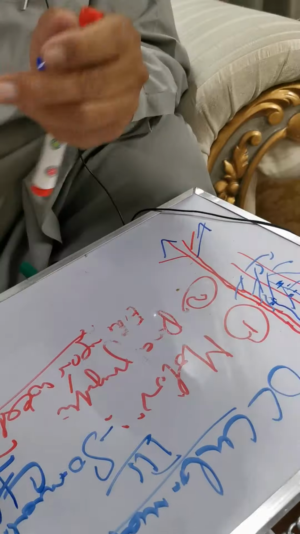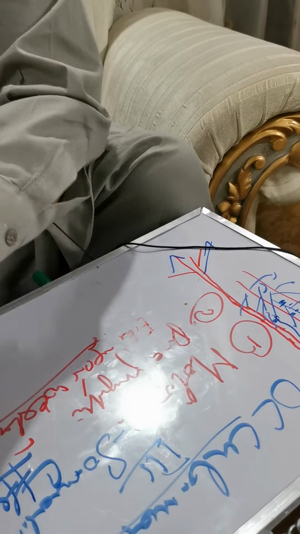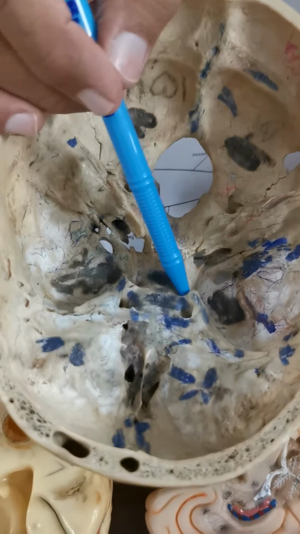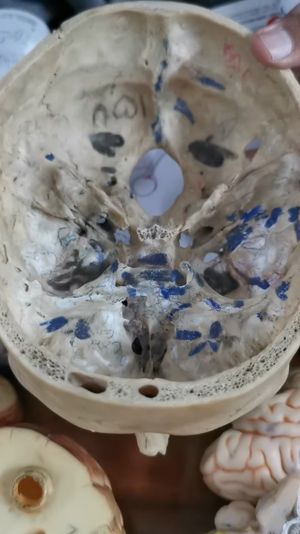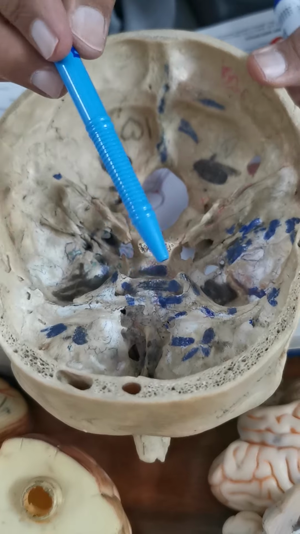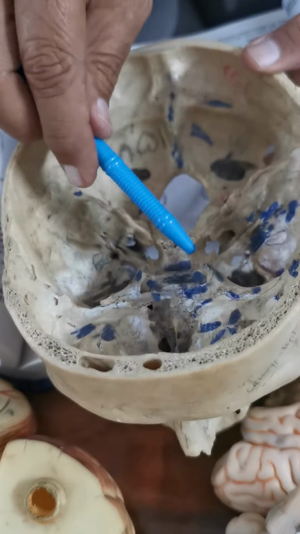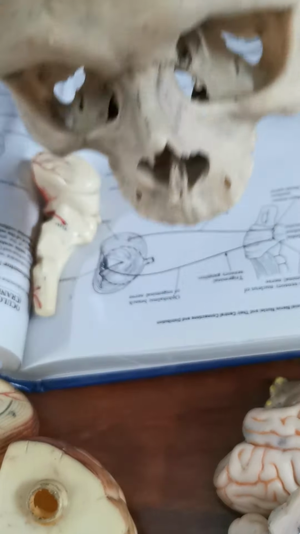And now this oculomotor nerve, at the anterior end of the cavernous sinus, divides into two divisions, that is superior division and inferior division.